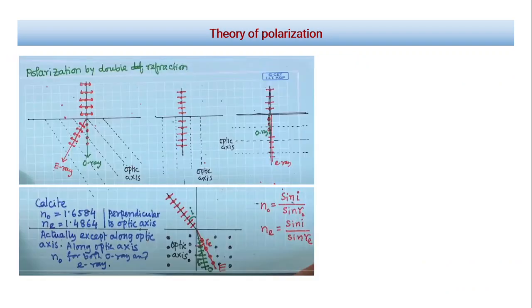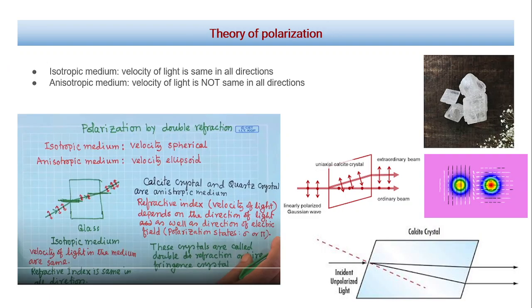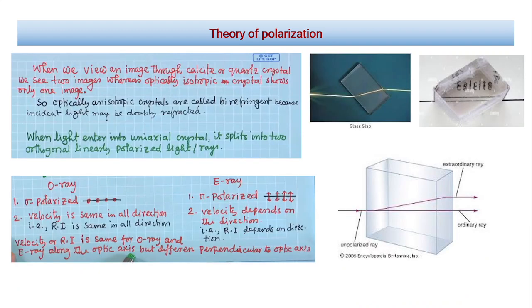Now let's start with refraction, but something a little different from refraction. In usual glass, we had earlier seen how refraction happens: when we have an opaque object, light just reflects from it and follows the law of reflection.